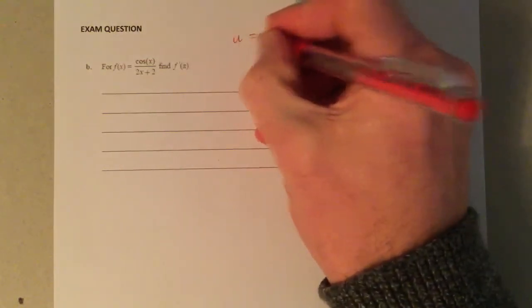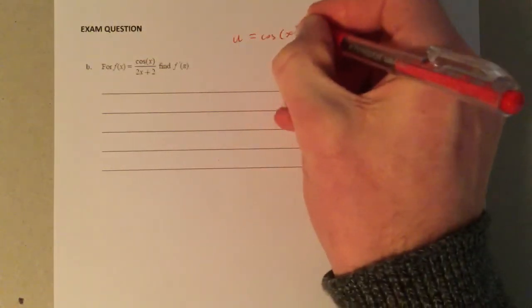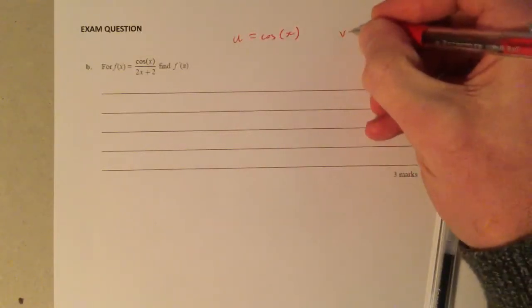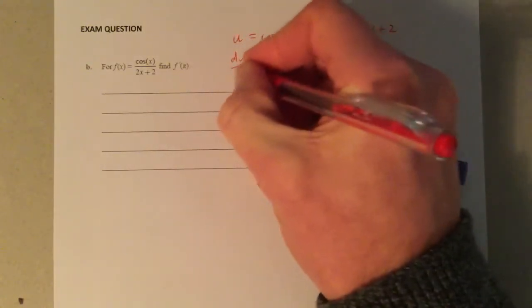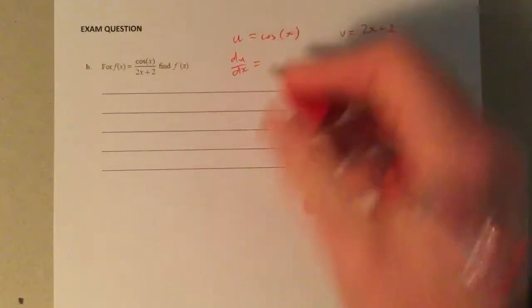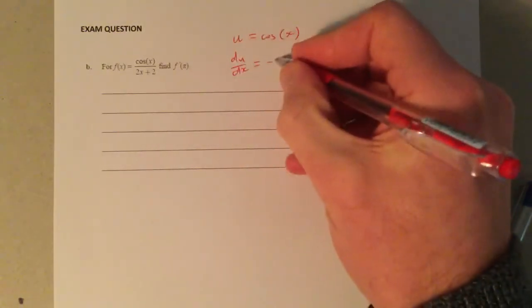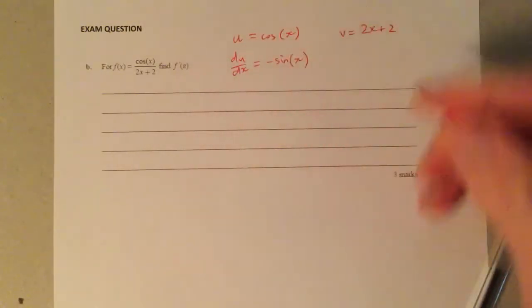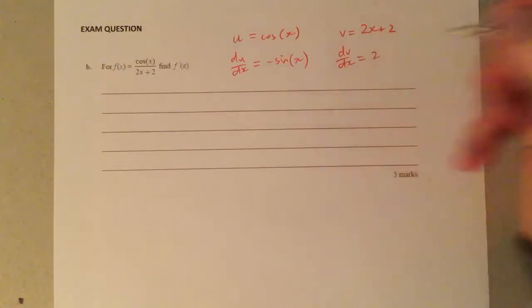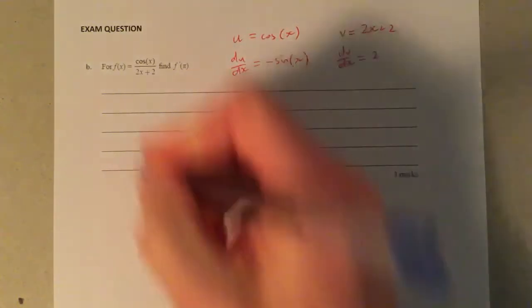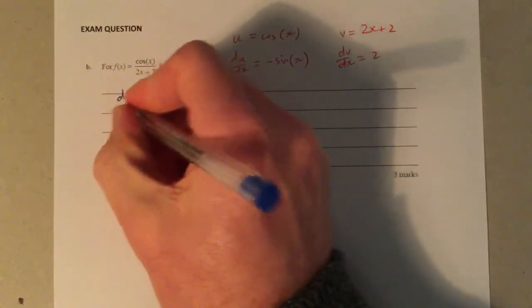Yet again, I'm going to say, let's let u equal cos x and v equal 2x plus 2. Write the derivative separately. Derivative of cos x is negative sine x. Derivative of 2x plus 2 is just 2. And so bring that all together with the quotient rule.